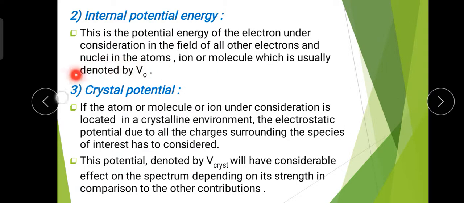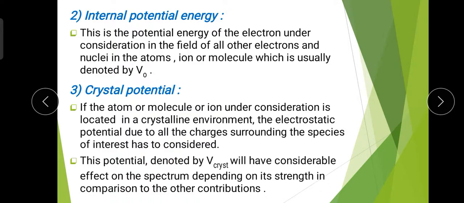Now the third type of energy is the crystal potential. If the atom or molecule or ion under consideration is located in a crystalline environment, the electrostatic potential due to all charges surrounding the species of interest has to be considered.